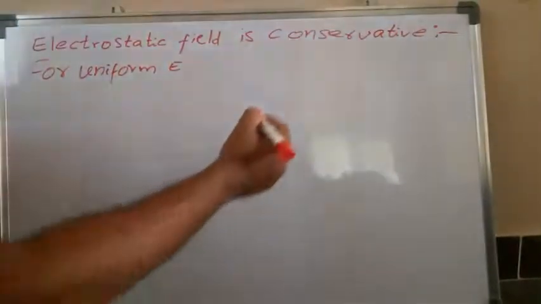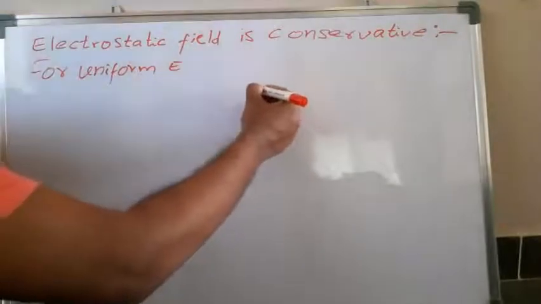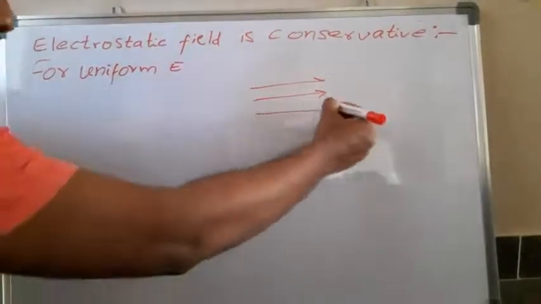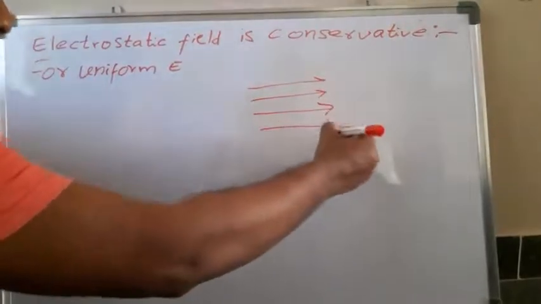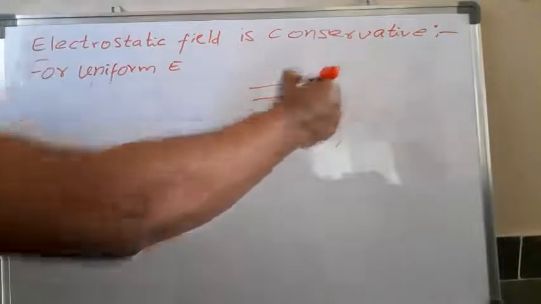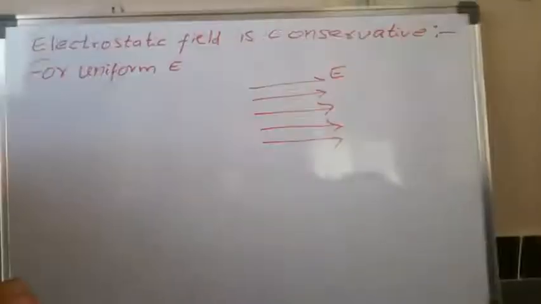So I am considering a uniform electrostatic field, as shown in the figure. Its electric field is E everywhere. Such fields are known as uniform electrostatic fields.